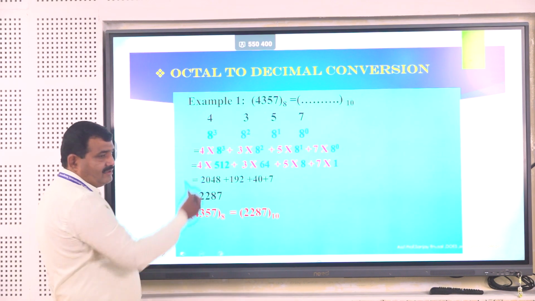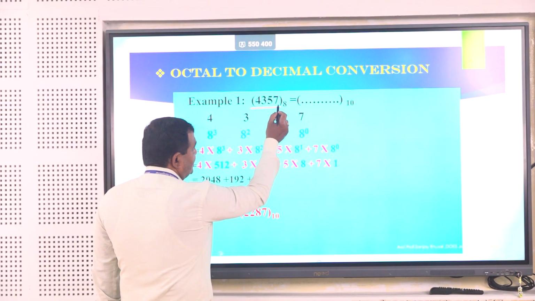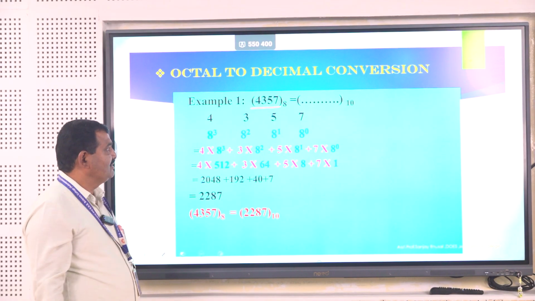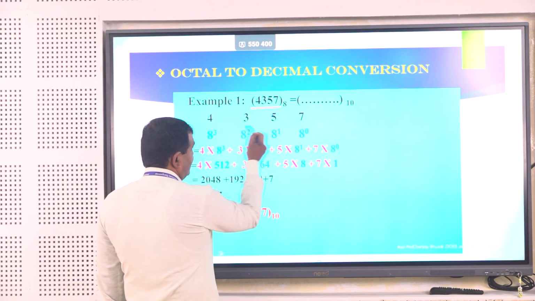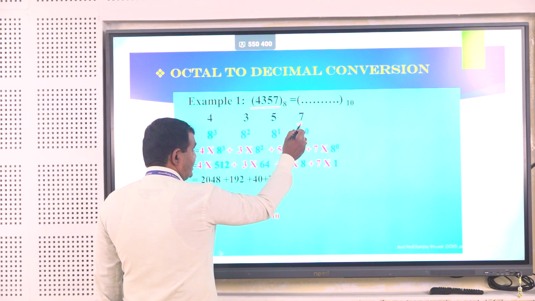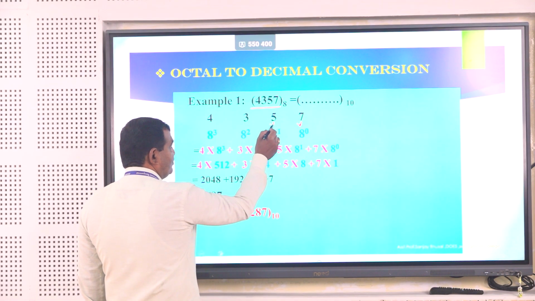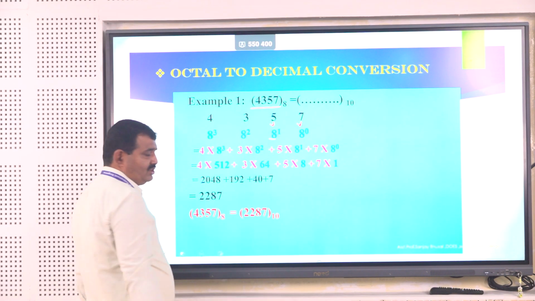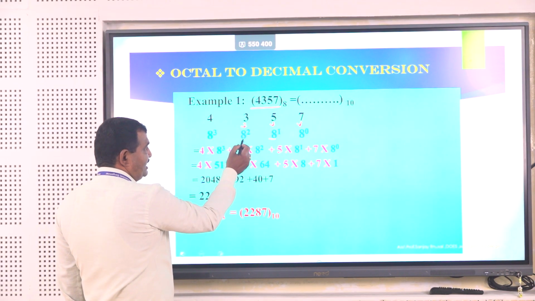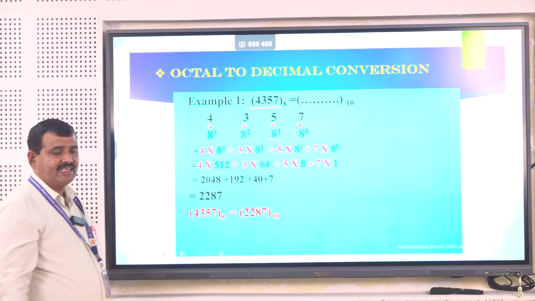Then we see one example. This 4357 octal number is converted into its equivalent decimal. First we write the weight for each digit. So, this 7 has weight 8 raised to 0, this 5 has positional weight 8 raised to 1, 3 has positional weight 8 raised to 2 and this 4 has positional weight 8 raised to 3.